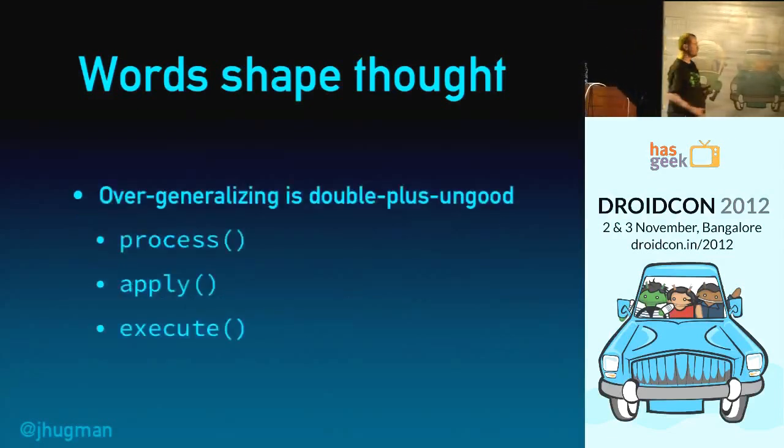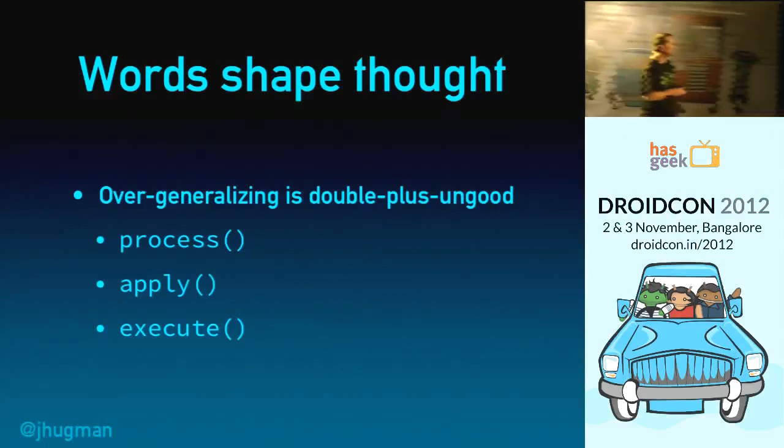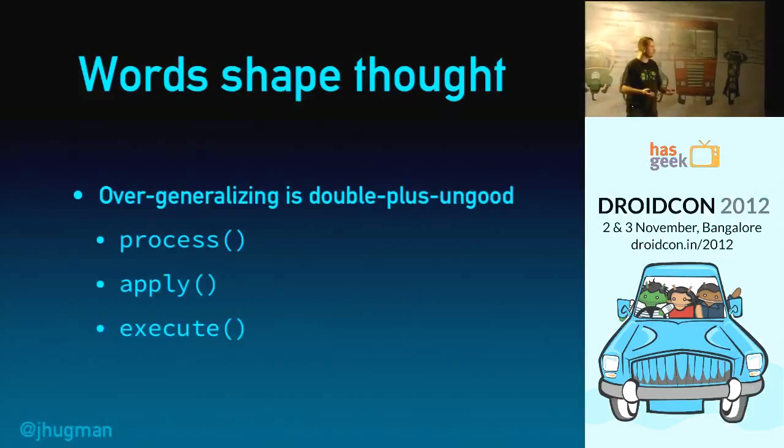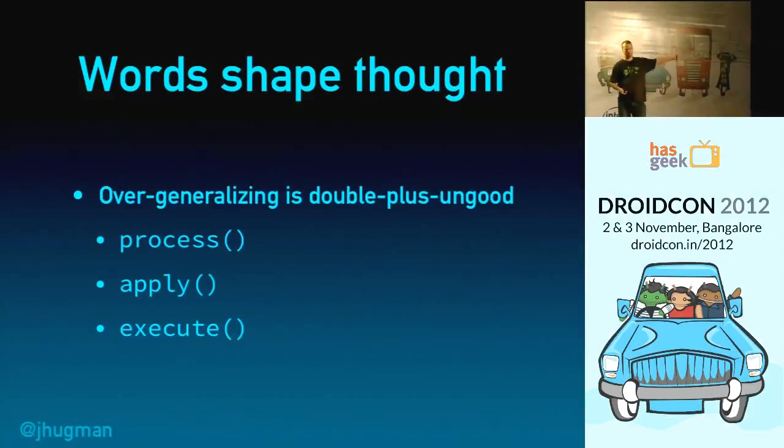One of the gotchas about this is using overgeneral method names or identifiers. These ones here, I pretty much ban. Anybody having a method called process? Process what? Process, apply, execute. They become so general that they lose any meaning at all. And I write double plus ungood. Does anybody recognize that? Double plus ungood.